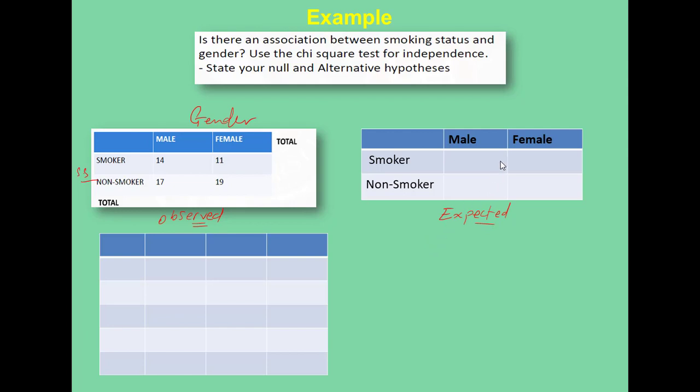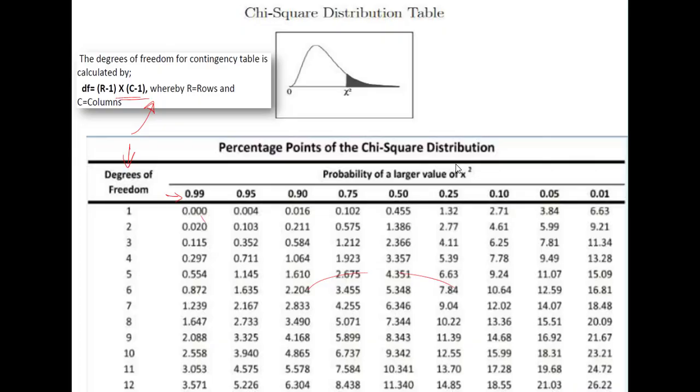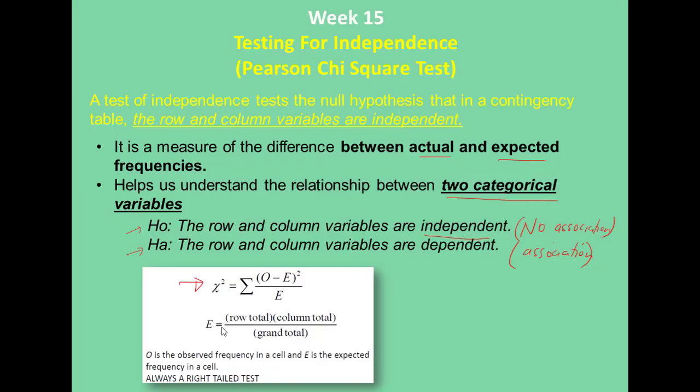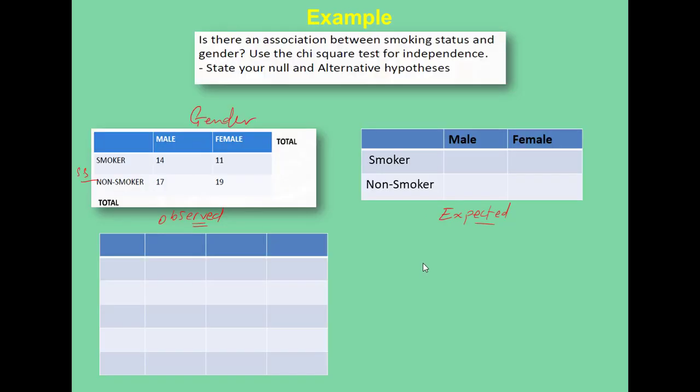So in order to calculate the expected values, remember the formula says you take the row total, multiply it by the column total, and divide by the grand total. Row total times column total divided by the grand total. So this formula gives you the expected value for each cell.